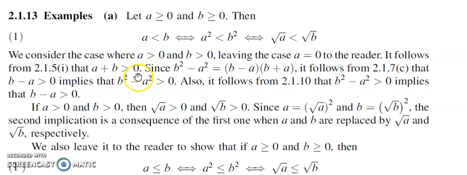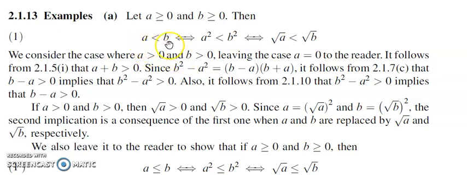Then 1 by B plus A, or A plus B, is also greater than 0. So 1 by A plus B is an element of P, and B square minus A square is an element of P by our assumption of A square less than B square. Then the product, B square minus A square divided by B plus A, is also an element of P. That is, B minus A is also an element of P, which implies B minus A is greater than 0. That is, A less than B by the definition of inequality.